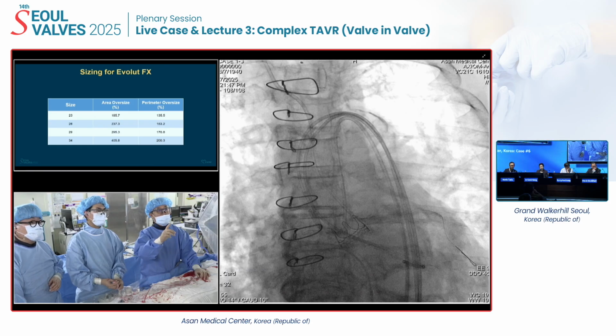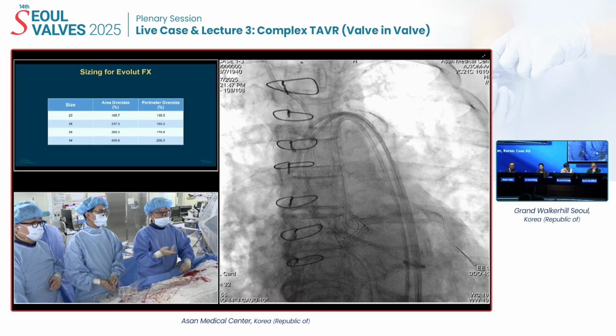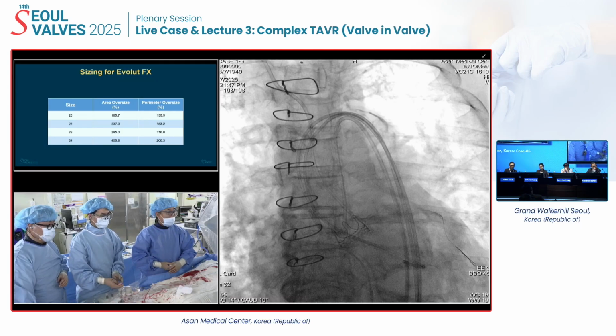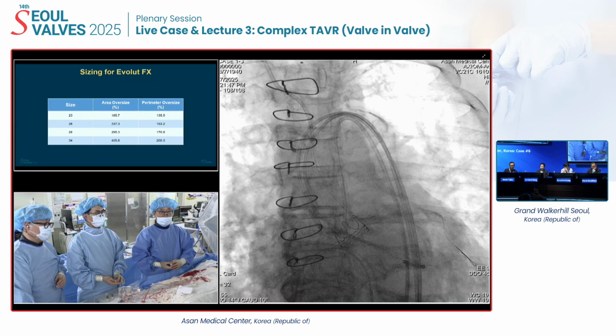If you plan a 23 and the perimeter oversize is 35%, we cannot consider any other option. SAPIEN is not available. Also, Navitor system is an intra-annular valve type, and for such a case, we only consider a supra-annular valve type. Also, we are very careful about coronary obstruction risk.